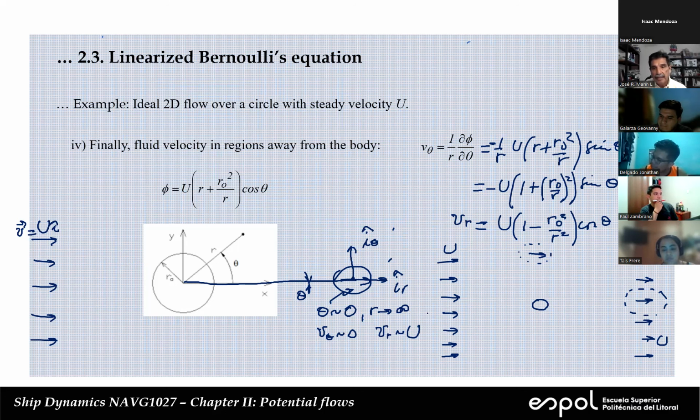And if we analyze in this position, away from the body, we'll see that again the velocity is just u, because we are away, and we cannot expect these effects to operate very far from the body. Now, this was the expression that we obtained, in general.